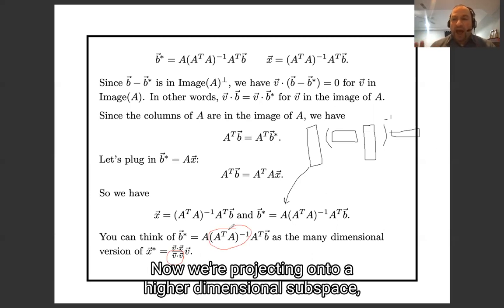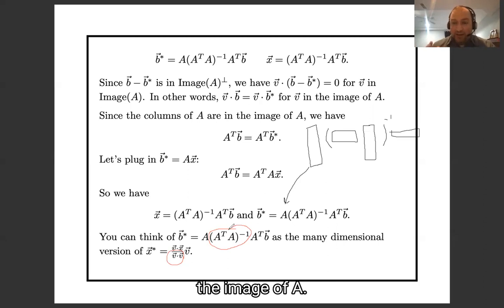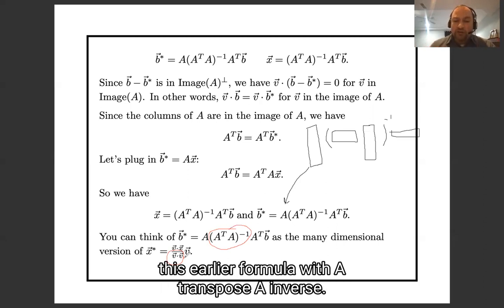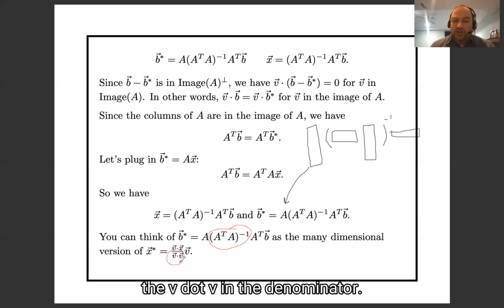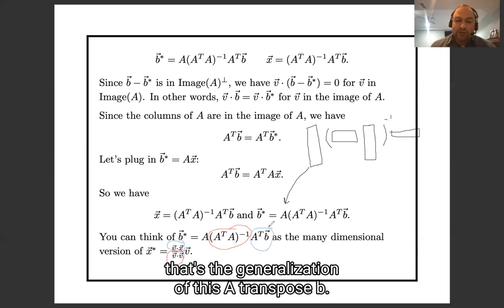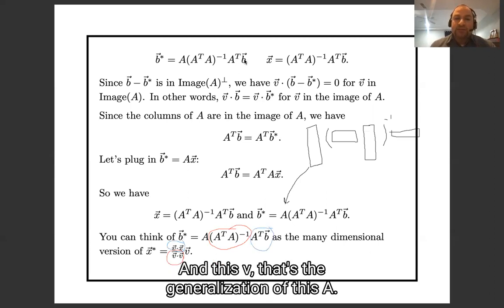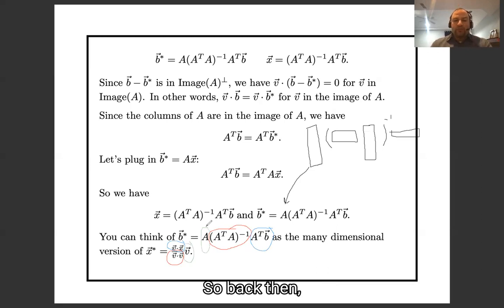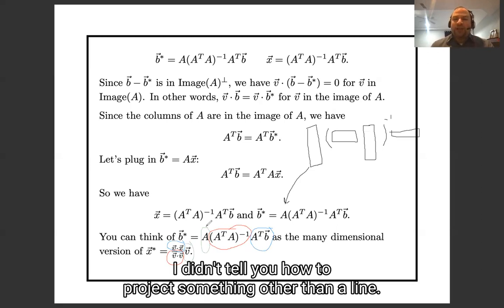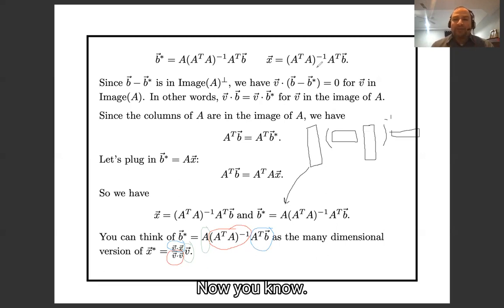Now we are projecting onto a higher dimensional subspace, the image of A. But it's a generalization of this earlier formula. This A transpose A inverse is the generalization of the v dot v in the denominator. This v dot x is the generalization of this A transpose B. And this v is the generalization of this A. So back then, I didn't tell you how to project onto something other than a line. Now you know.